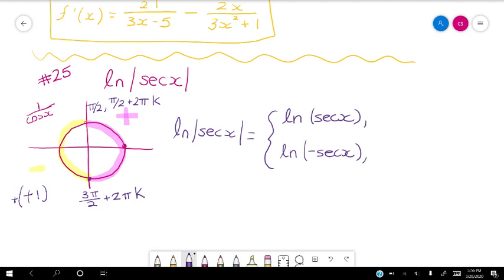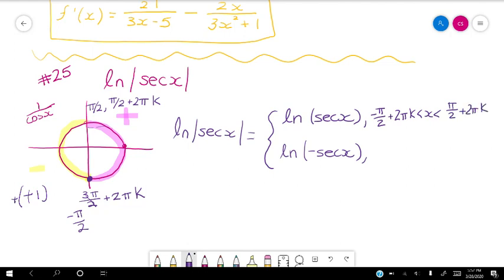The x is going to be positive from this point down here all the way up here, okay? And I'm going to have that be our starting point. So maybe instead of 3 pi over 2, I'm going to say negative pi over 2. So I'm going to start here, and I'm going to go all the way up to here. So negative pi over 2 plus 2 pi k to pi over 2 plus 2 pi k.